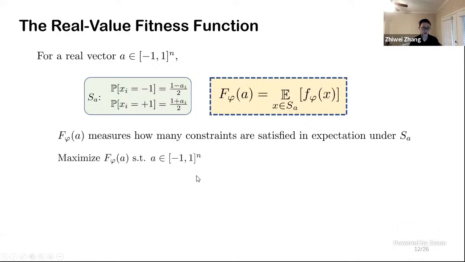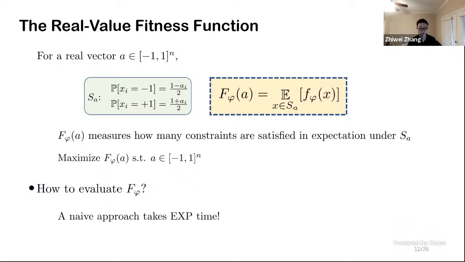And we can next try to maximize this fitness function with respect to A, which is constrained in the Boolean box, where A is a real vector. So generally speaking, this real value fitness function gives us a way to measure how good a real vector is while we're doing search. The next question to ask is how to evaluate this fitness function.